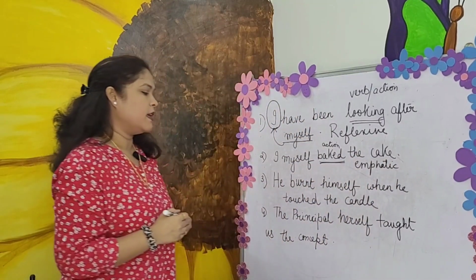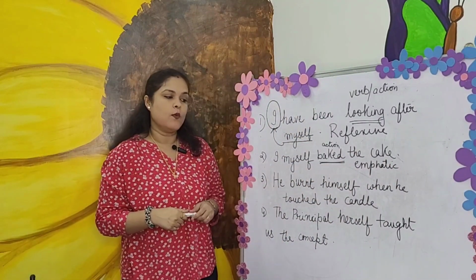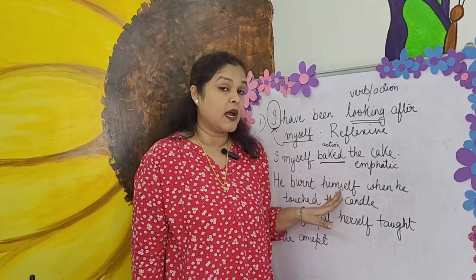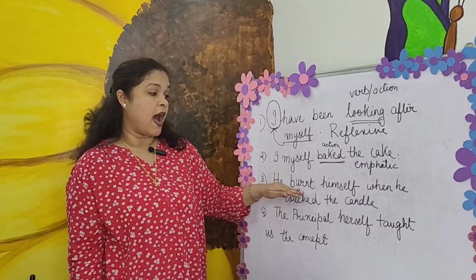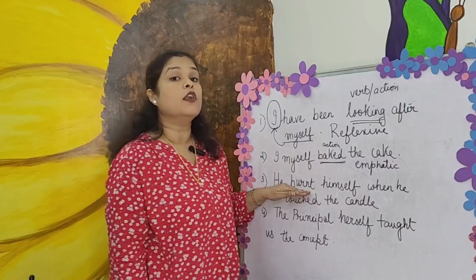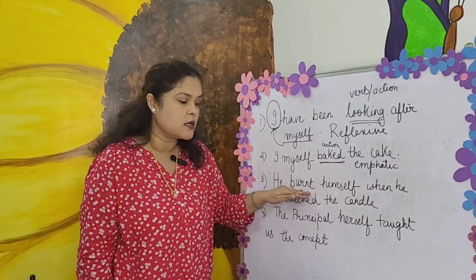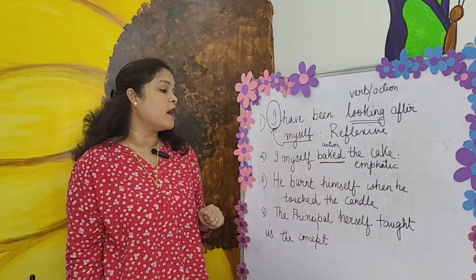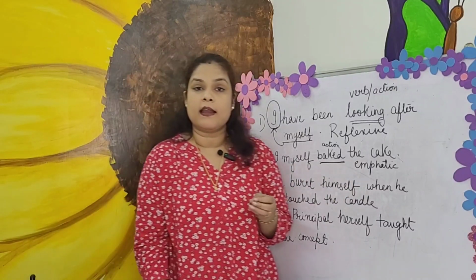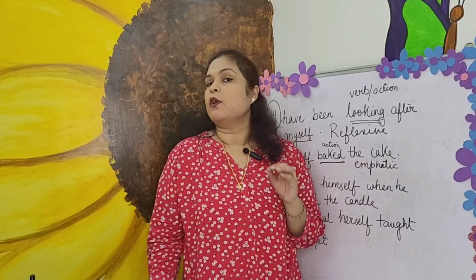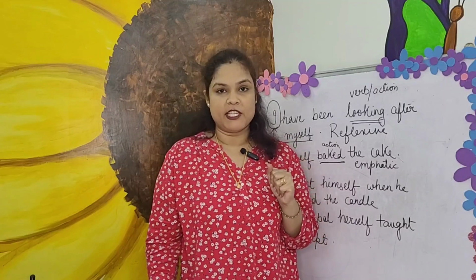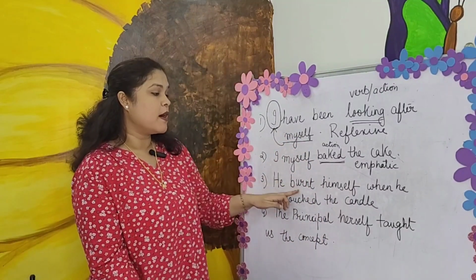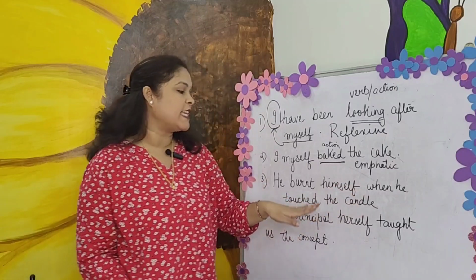Clear? Third, he burnt himself when he touched the candle. Let us look at the pronoun himself. Now it is after the action or the verb which is burnt. Okay, if I erase this, he burnt when he touched the candle. आपको कुछ समझ आ रहा है? No, because it is giving you an incomplete meaning. Second point, check. Third, he burnt himself when he touched the candle.